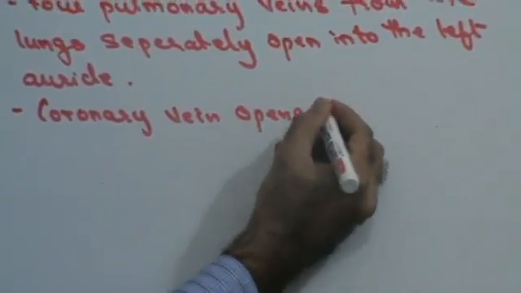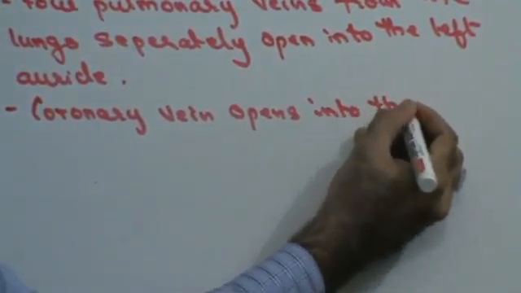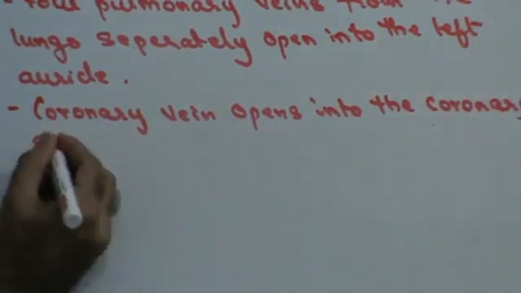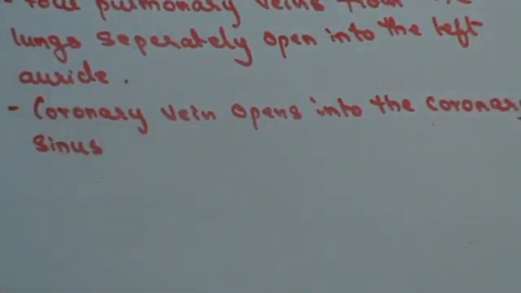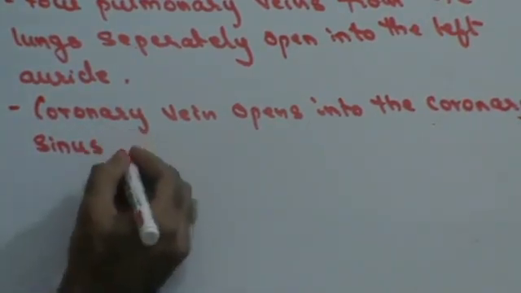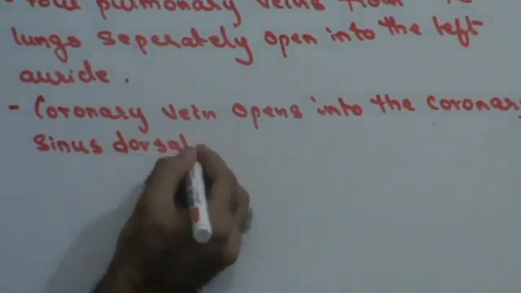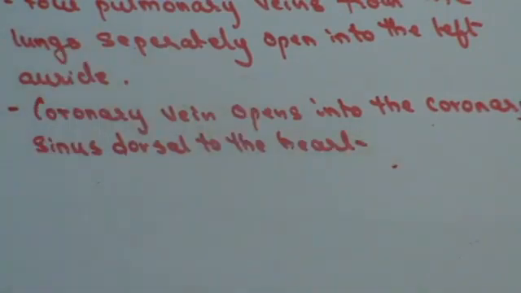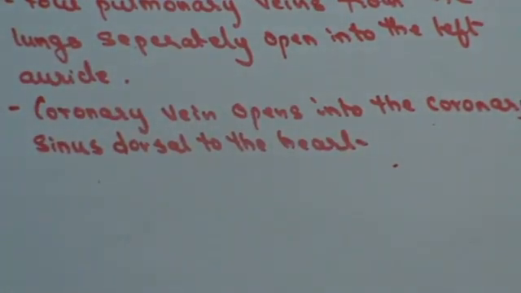The coronary vein opens into the coronary sinus dorsal to the heart. So that is the dorsal view of the human heart. Fine, do we get this thing here?